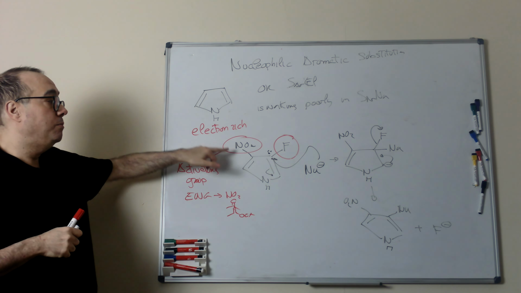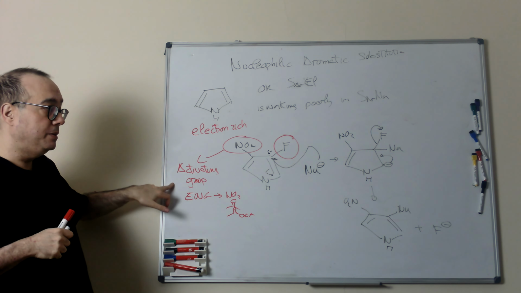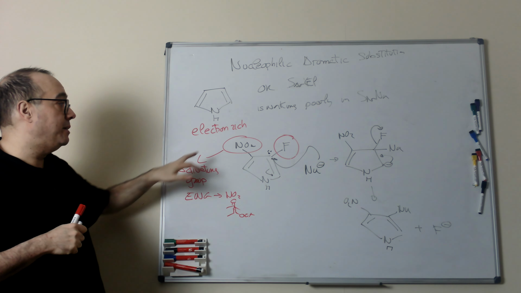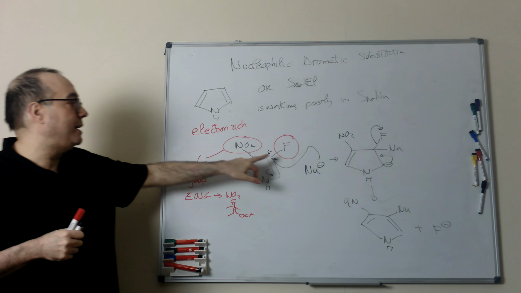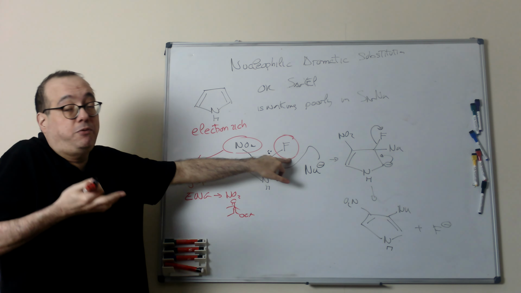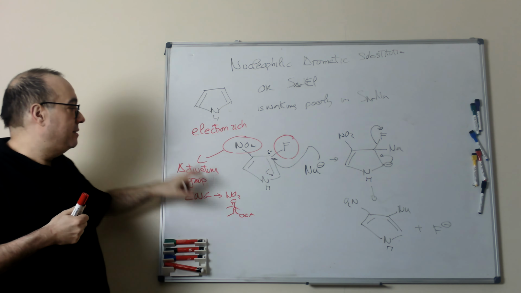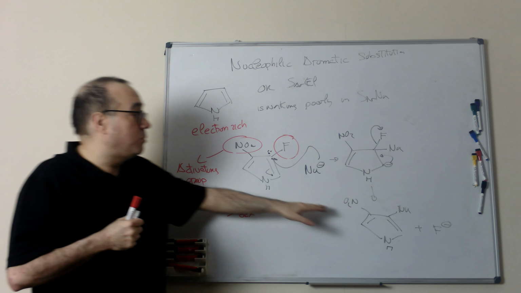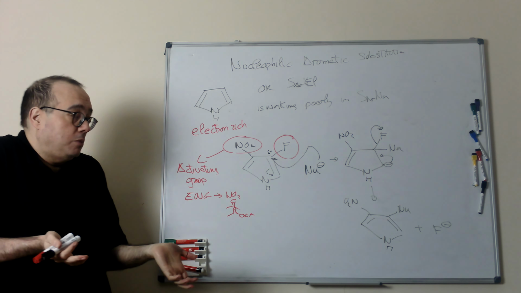And again, we need to have an activating group in order for this reaction to work, and the activating group has to be in orthopara from the fluorine or from the leaving group. Okay? If it's in meta, this also will not work. This means that this reaction will not work well.